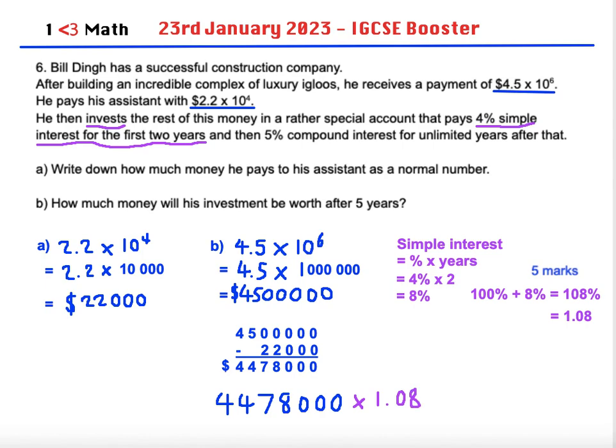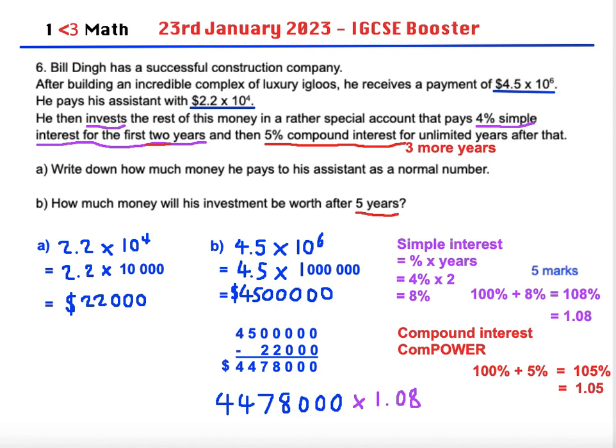Now, we also need to deal with the second part of the interest, which is the 5% compound interest for unlimited years after that. Now, the question does say 5 years. Now, if 2 years have represented simple interest, 5 years means that the compound interest is going to represent 3 more years. Now, this is important because for compound interest, I say compower, and it's always going to be the multiplier to the power of years or periods. So, to work out our multiplier, we've got 5%, so 100% plus 5% is 105%.